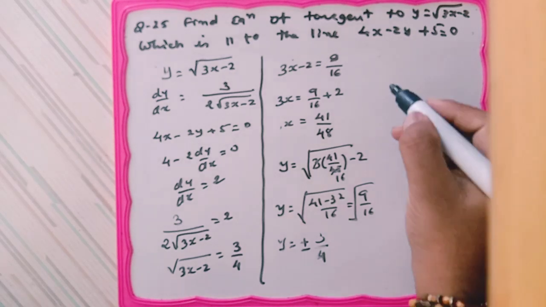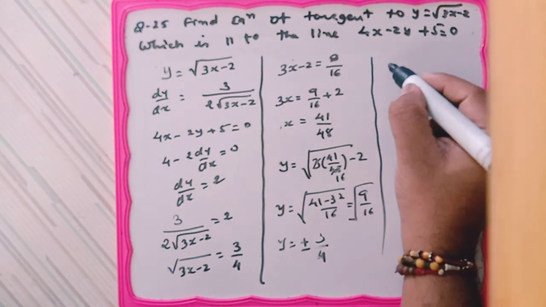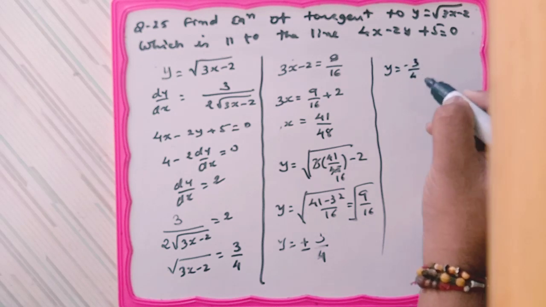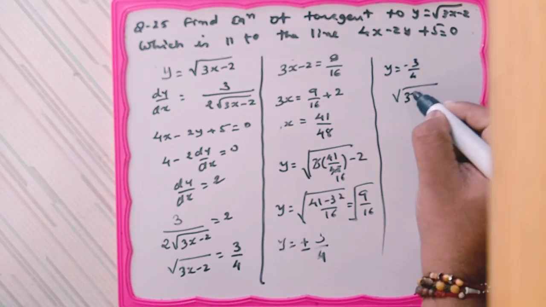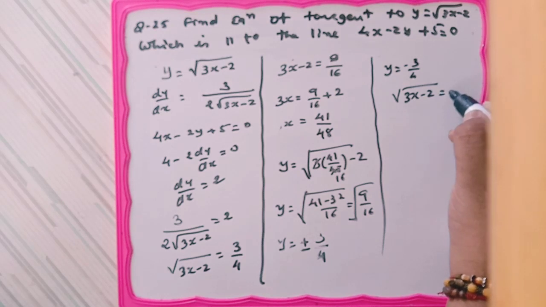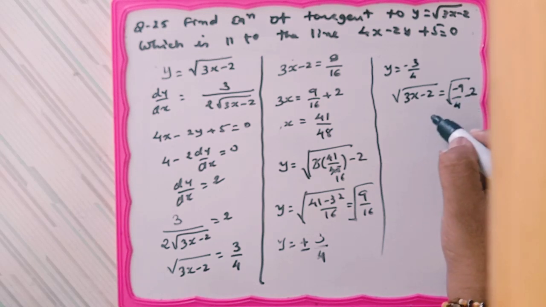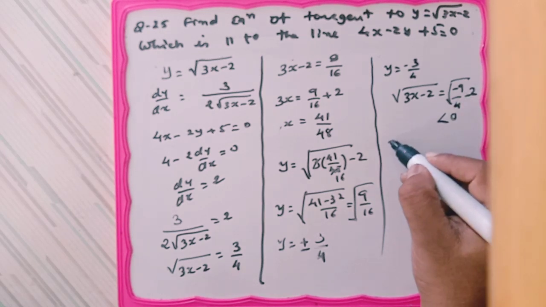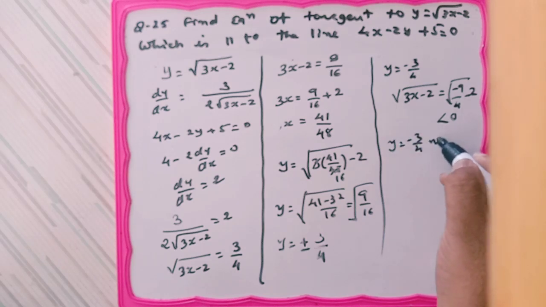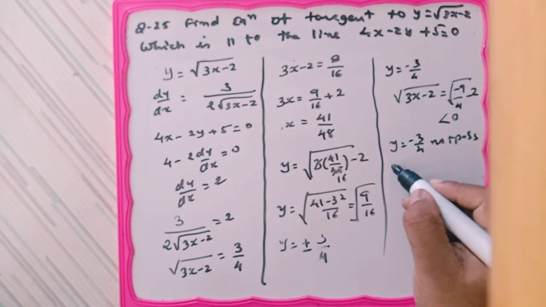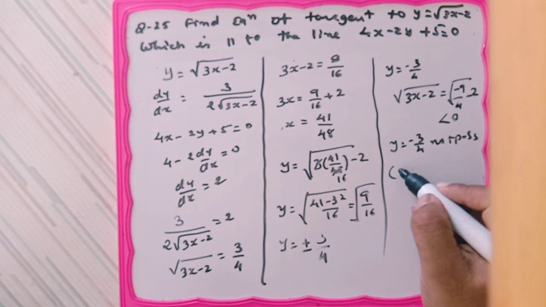But if we take y equals minus 3 by 4, then √(3x − 2) would be negative, less than 0, so y equals minus 3 by 4 is not possible, and so we have only y equals 3 by 4.